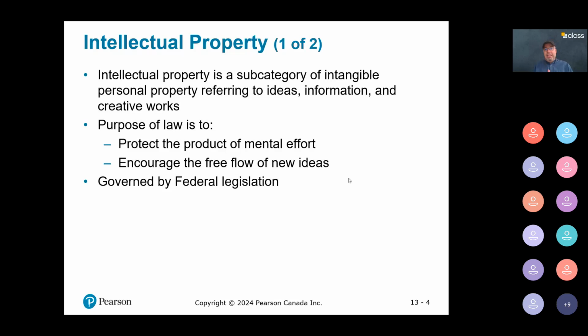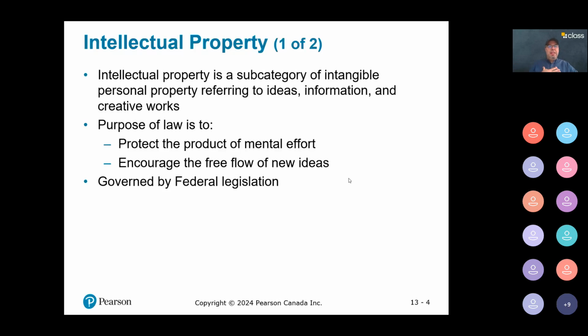And they refer to ideas, as you mentioned, they may refer to information, and they also refer to creative works, eventually to discoveries, to inventions. So that's what intellectual property is. And the purpose of the legislation, of the law, is to protect the creation, the invention, in other words, the product, the result of mental effort, and also to encourage the free flow of these new ideas.